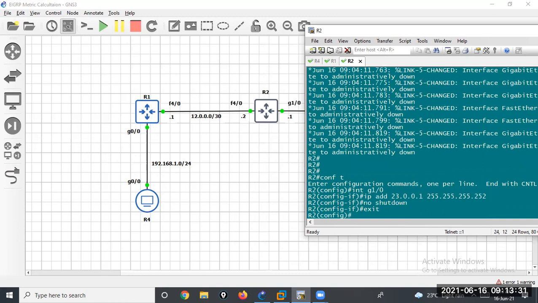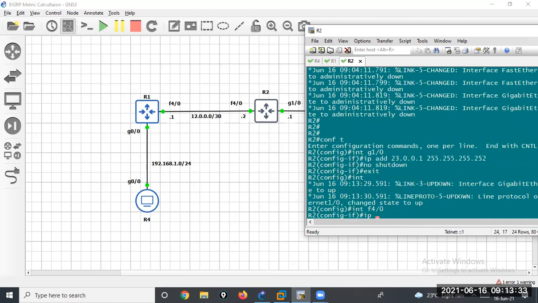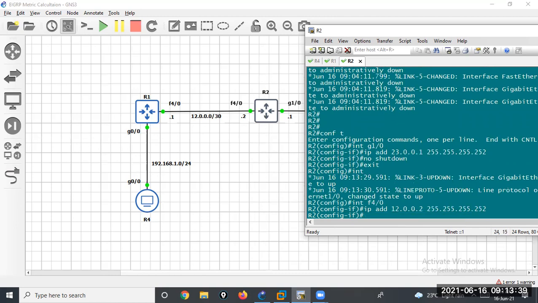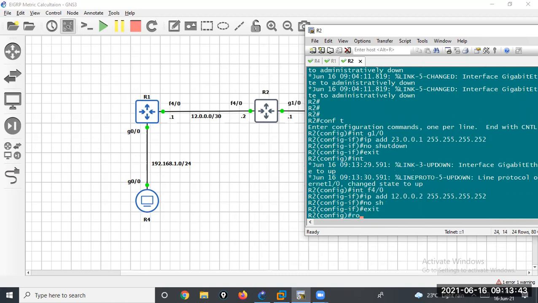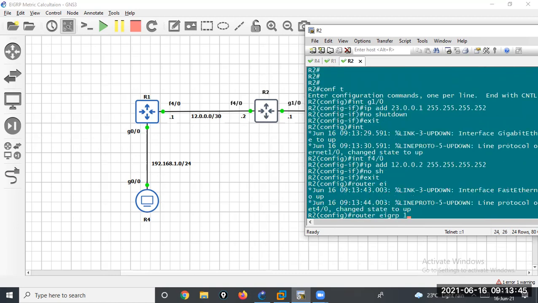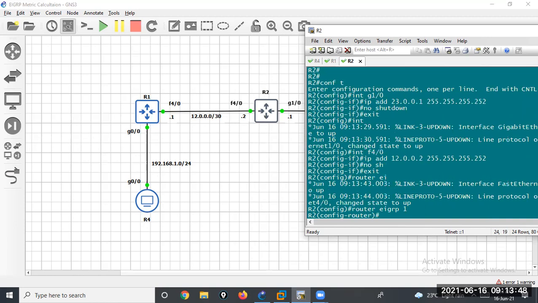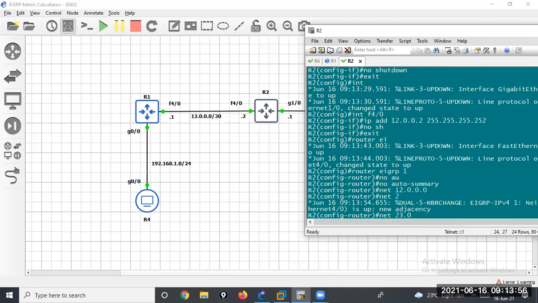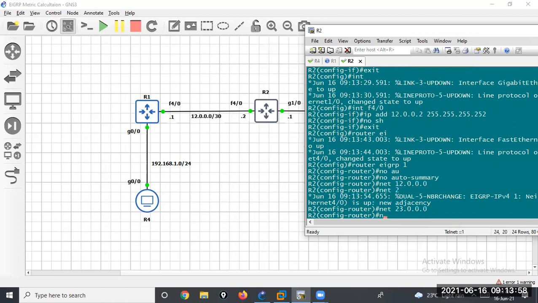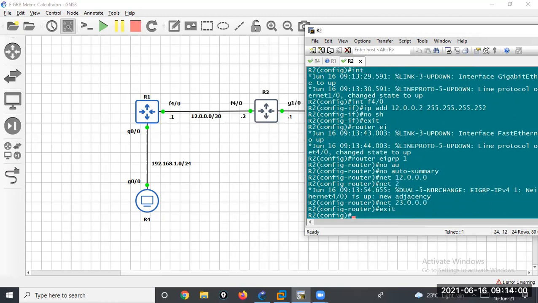Again interface FastEthernet 0/0, IP address 12.0.0.2, 255.255.255.252, no shutdown, exit. Router eigrp 1. The same number has to be configured, okay? Autonomous system number. And no auto-summary. And network is 12.0.0.0. Another network is 23.0.0.0. Okay, now exit. Save the configuration.